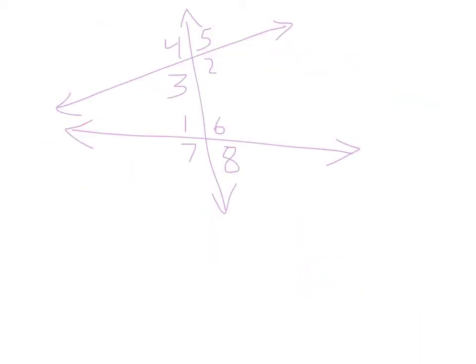Our next type of special angle pairs are corresponding angles. Corresponding angles are angles that maintain similar positions when you have two lines cut by a transversal, such as angle number 1 and angle number 4.